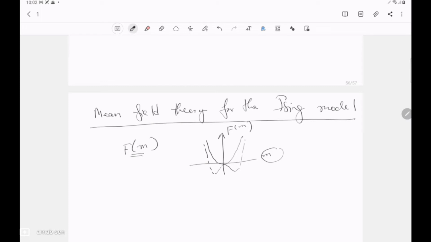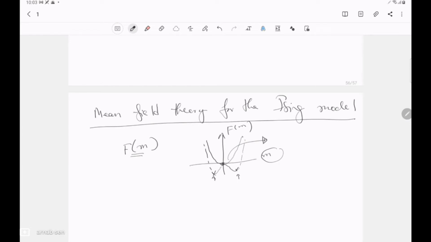Below TC, there was one unstable point and two stable points for this free energy. And these two are the two spontaneously symmetry broken phases of the Ising model. And above TC, of course, you only get one phase, which is the disordered phase.